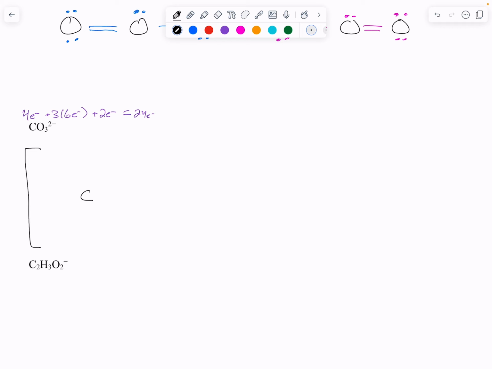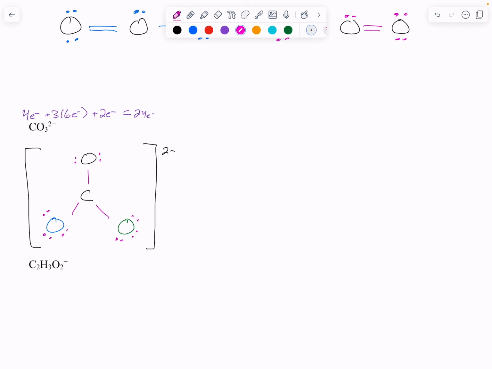C, O, O, and O. All right, 2 minus. Bond them. 2, 4, 6, 8, 10, 12, 14, 16, 18, 20, 22, 24. Well, what's the problem there? Carbon doesn't have 8.